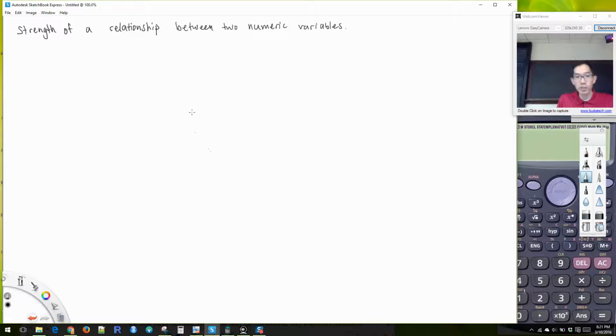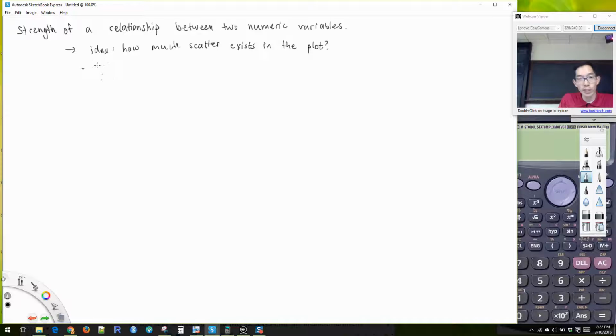And so the strength of a relationship, we can summarize this concept as how much scatter exists in our plot. The idea is how much scatter exists in the plot.